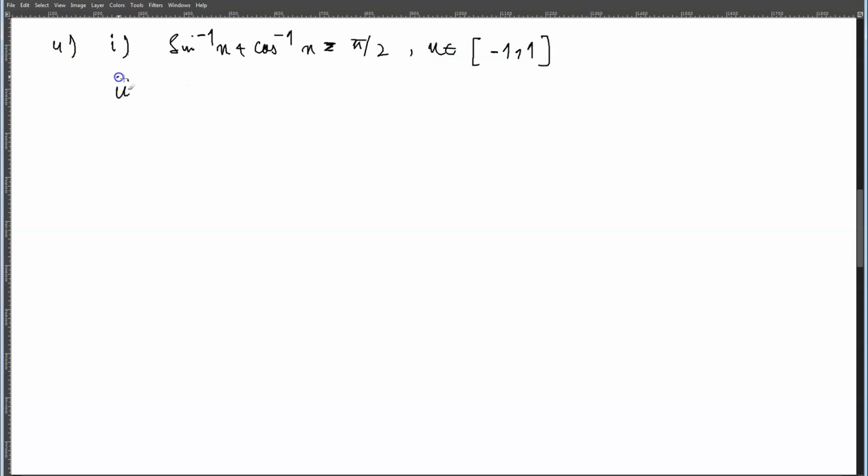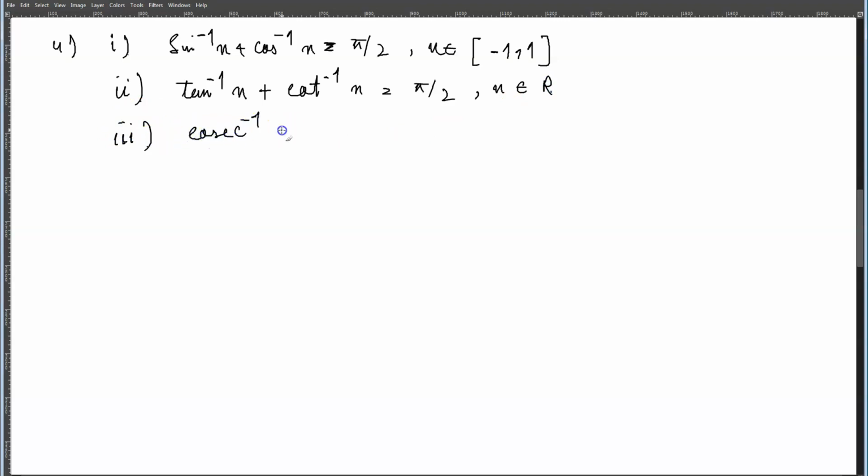And part 2 of this is the tan inverse of x plus the cot inverse of x is equal to pi by 2 for all x belonging to R. And part 3 of this is the cosecant inverse of x plus the secant inverse of x is equal to pi by 2 for the absolute value of x greater than or equal to 1, right?